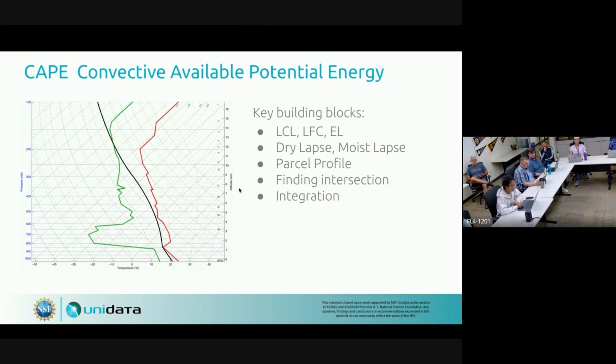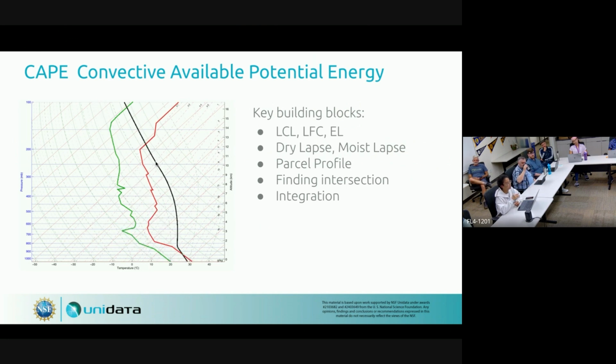Then we also need to find the intersections between the parcel lifting profile and the environment temperature profile, which are the LFC and the EL levels. And finally, we need to integrate the area between the two profiles.